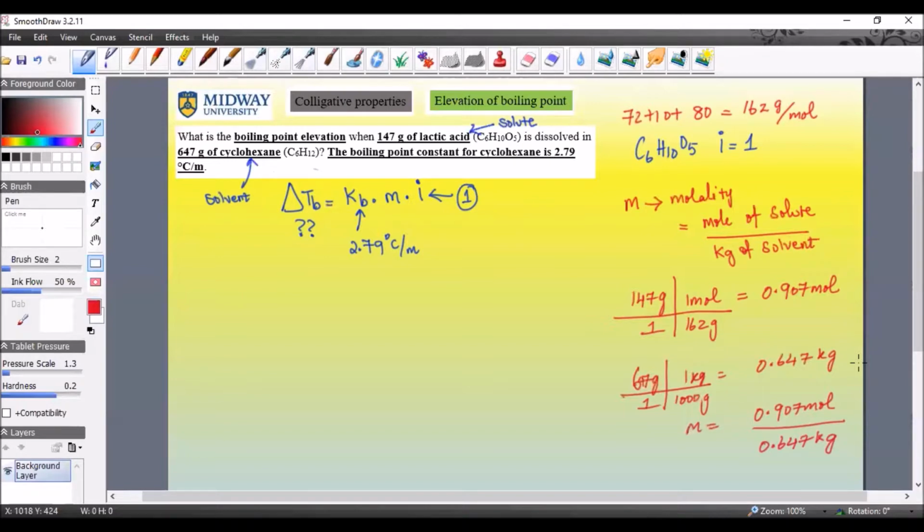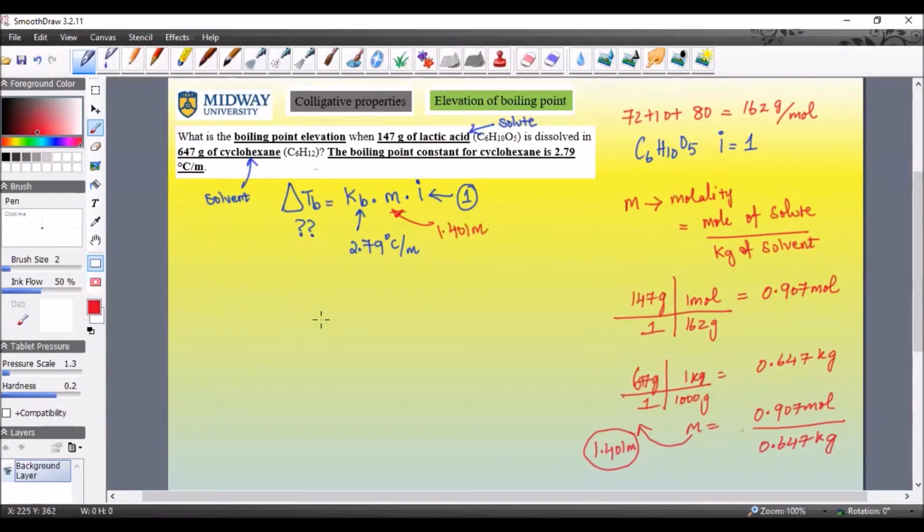Let me get my calculator here. 0.907 divided by 0.647, and that molality turns out to be 1.401 m. It's a lowercase m. Now we know all the information.